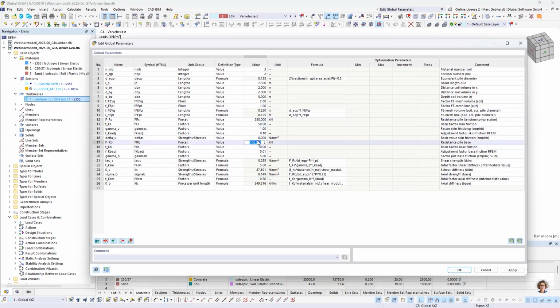Furthermore, the resistance of the pile should be 0 for anchors. And now we're done, and the other values we need for the pile resistance will be calculated automatically by these formulas.